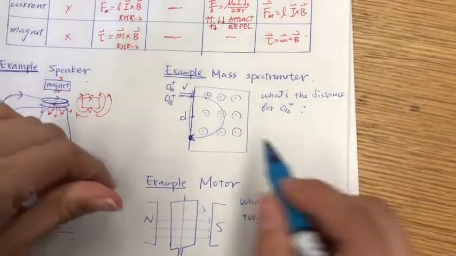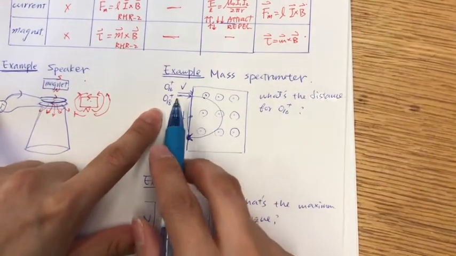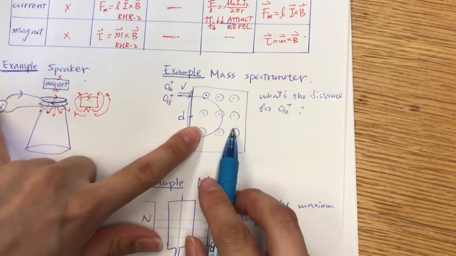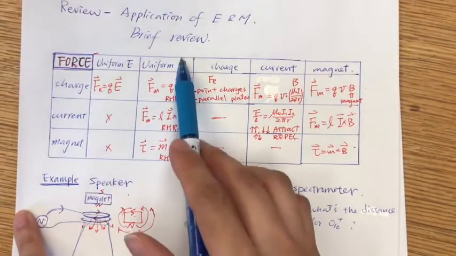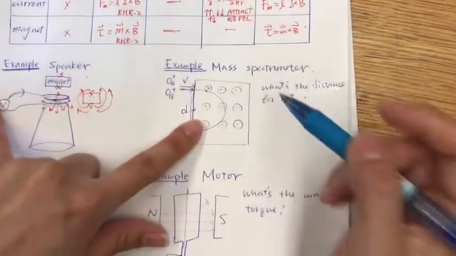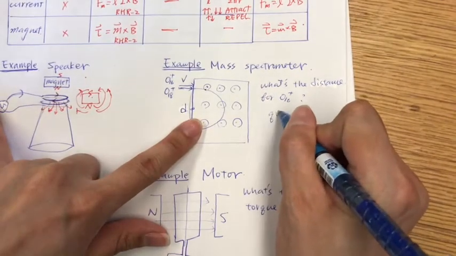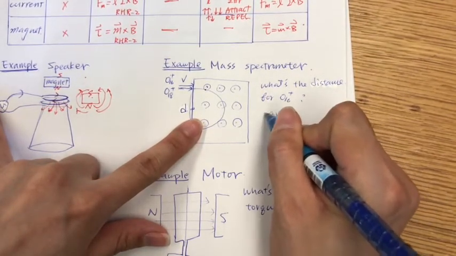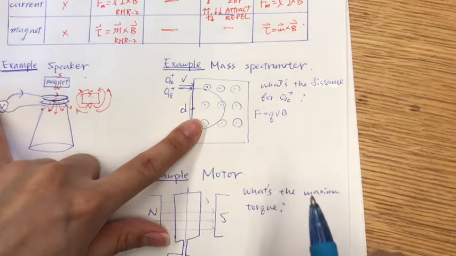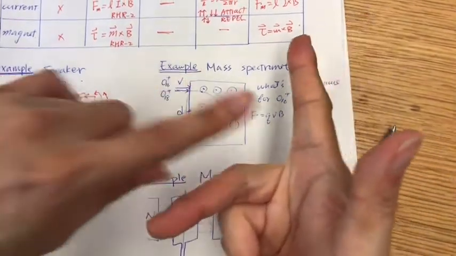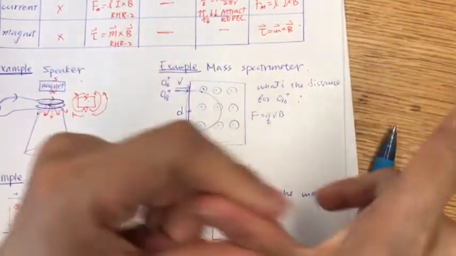So let's see. This physics is about charge moving in a uniform magnetic field. When charge moves in a uniform magnetic field, it feels a magnetic force. And by the right-hand rule, the V and the force are always perpendicular.